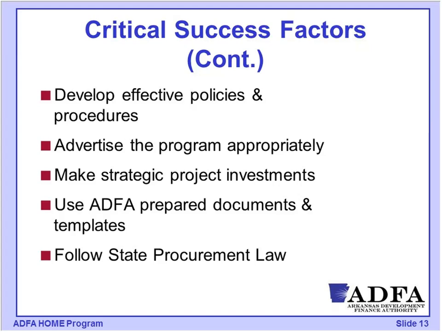So for instance, if I was running a homeowner rehab program, I might have funding enough to do maybe 10 houses, but I might have 30 households apply for assistance. Part of your policies and procedures is thinking about how will I make those decisions?